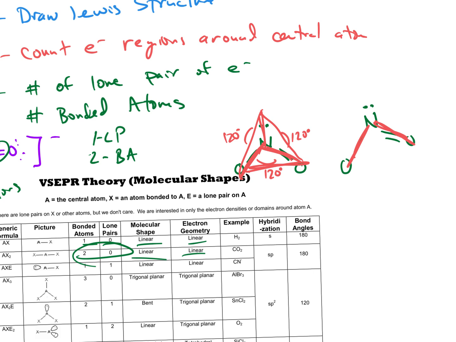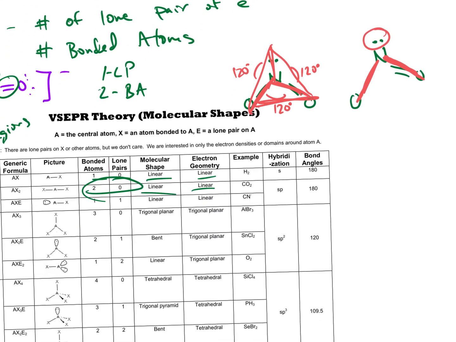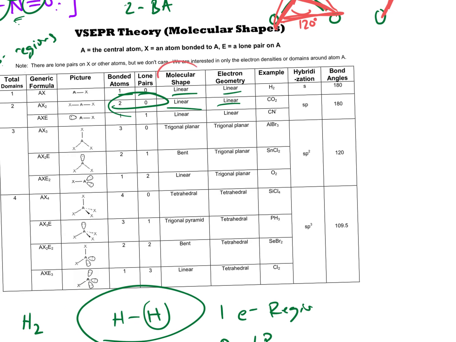I mean, we do care about it because this pair of electrons pushes the other ones down, right? But when we're talking about the shape, we're just looking at the bonded atoms. So it looks like a line that's bent. That's why we call it bent, right? Are we okay with that? Do we get the difference between molecular geometry and electron geometry?